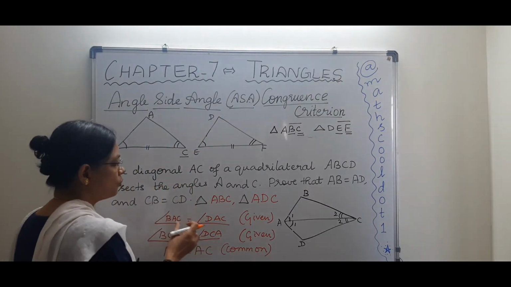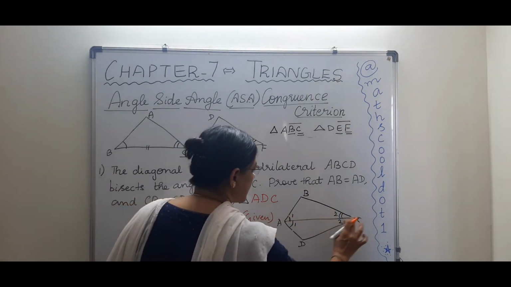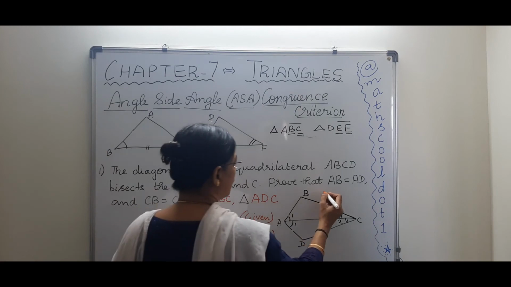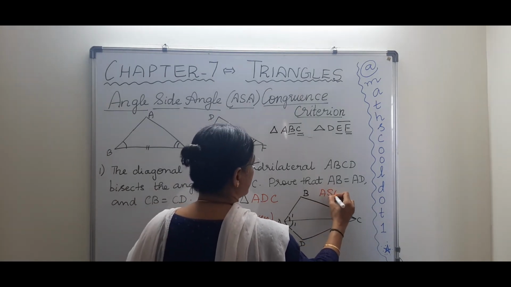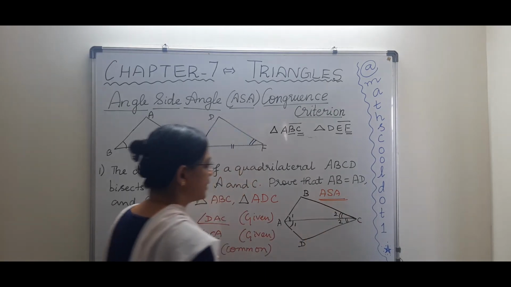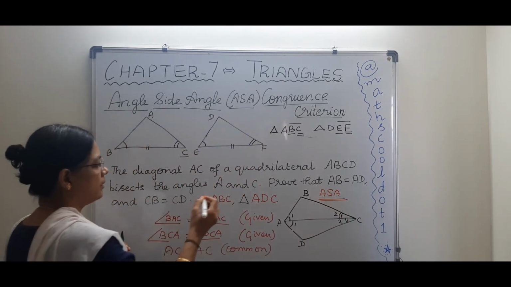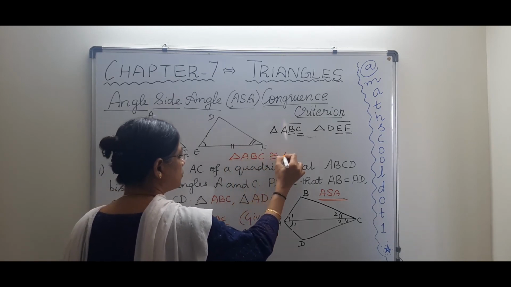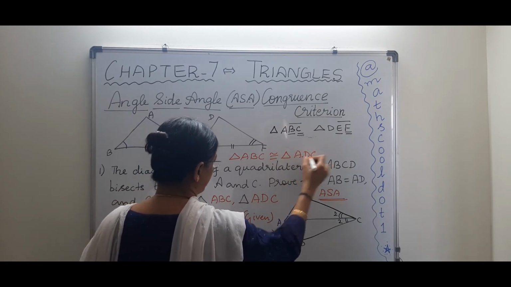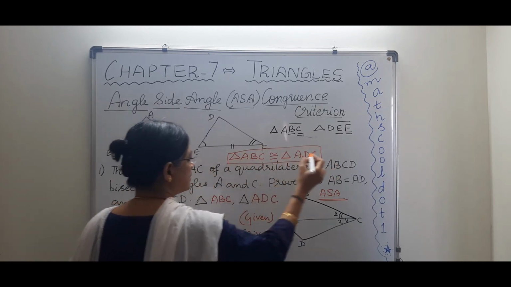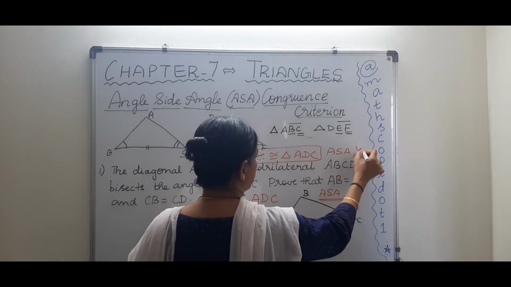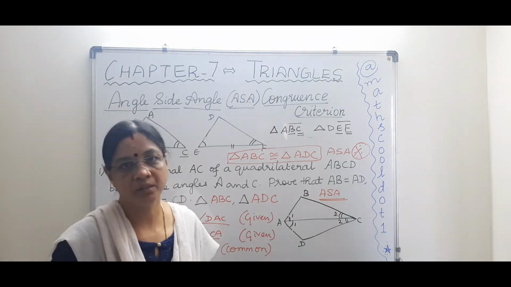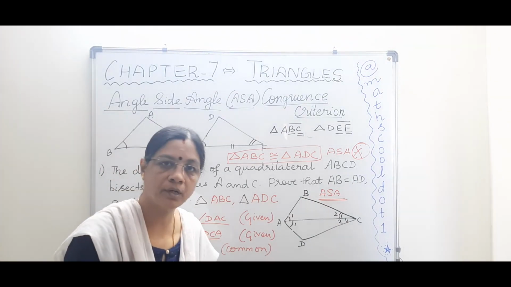So we have two angles equal and the side enclosed between the angles equal. According to the ASA criterion, we say that triangle ABC is congruent to triangle ADC, isn't it? So from the ASA criterion, these two triangles are congruent. According to CPCT, corresponding parts of the congruent triangles are always equal.